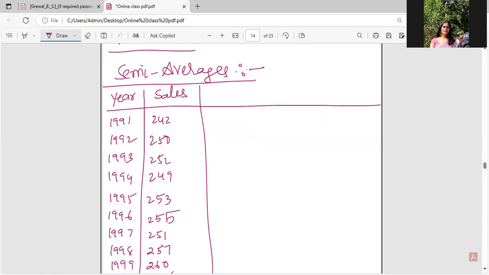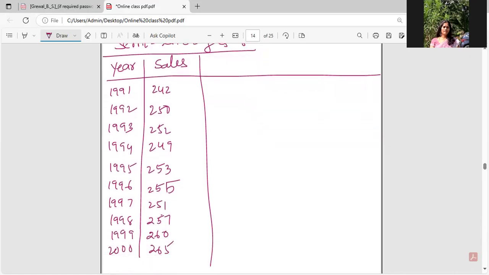Okay. So if I'm talking about semi-averages, what I will do is divide the whole data into two halves. How many values are there? In total, 10 values are there. So I'll split one half from 91 to 95, the other half from 96 to 2000.